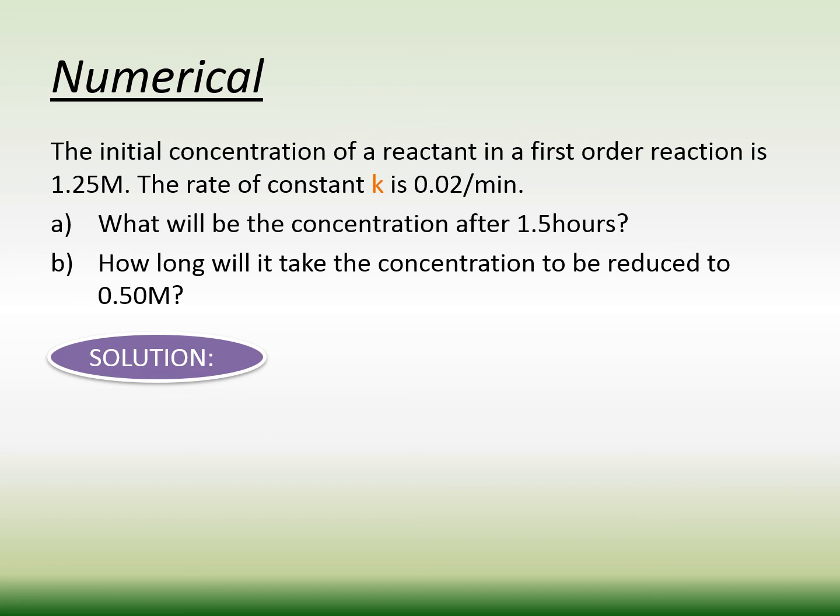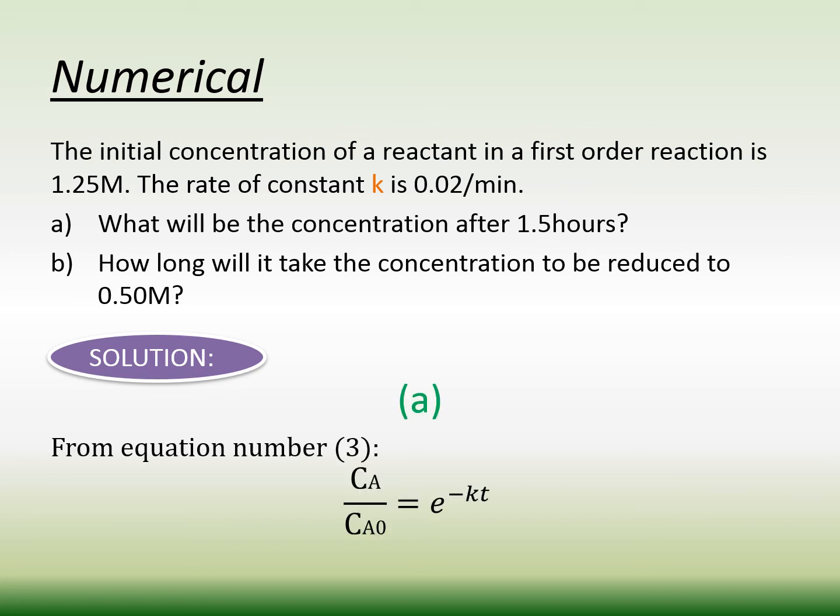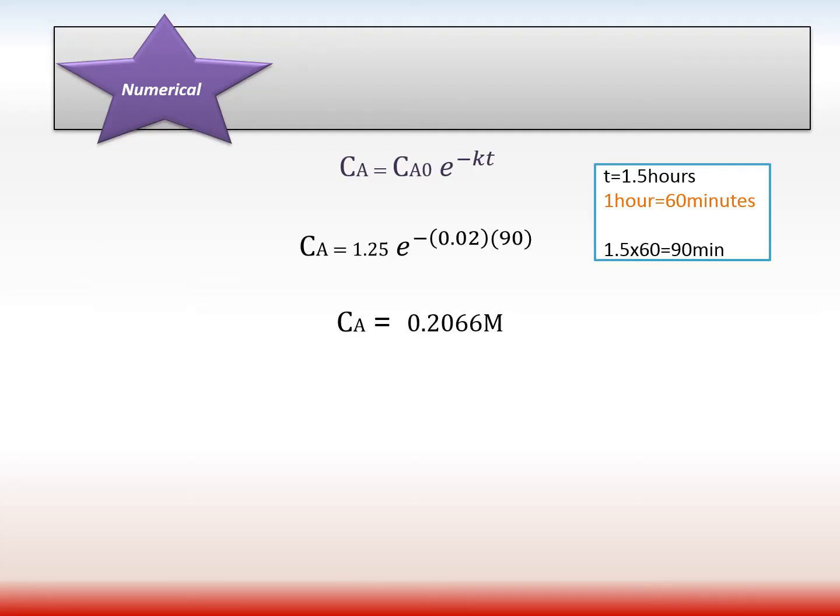So moving towards our solution of part A, here we have equation number 3, C_A over C_A0 equals e to the power minus kt. Now, rearranging this equation for C_A at the given time t in the question, since the time is given in hours, we have to convert it into minutes, as the rate constant is given in the question. 1.5 times 60 is equal to 90 minutes.